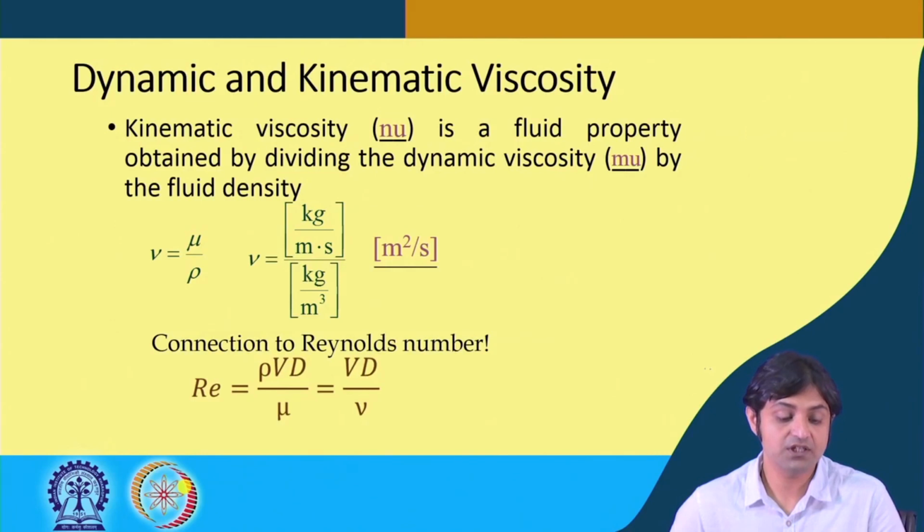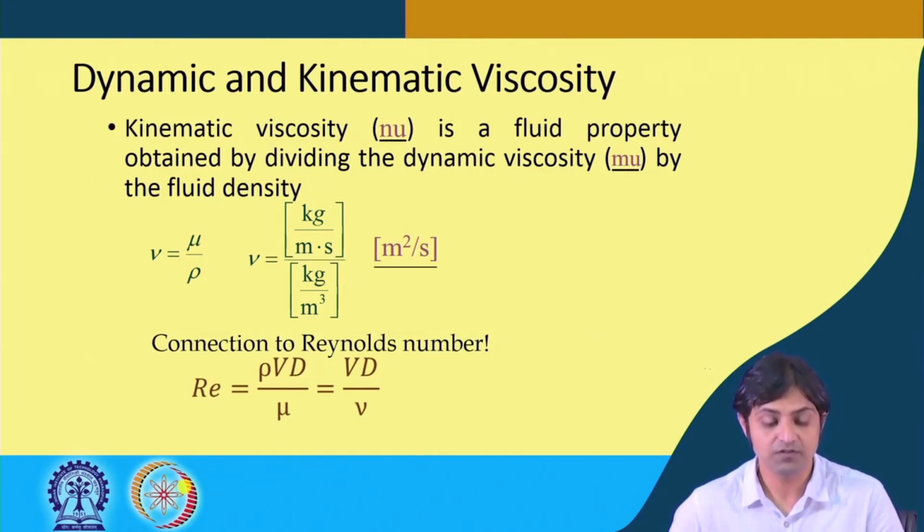This also has a connection to Reynolds number. Reynolds number is a concept that we will study some weeks from now, but I think this is a fluid mechanics and hydraulics class. So, it is important to introduce the value. Reynolds number is given by rho V d by mu, and since, as we can see from the above, mu can be written as rho into nu, we can simply write Reynolds number as V d by nu.